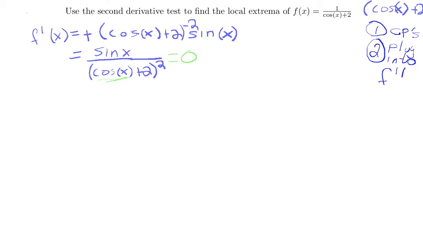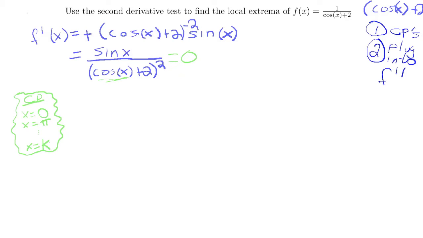So then our critical points become everywhere where sine of x is equal to 0. So we know sine of x is equal to 0 at 0, also at pi, and then this keeps going on forever for all multiples of pi.